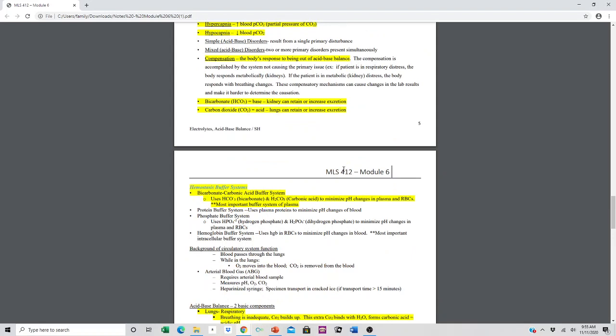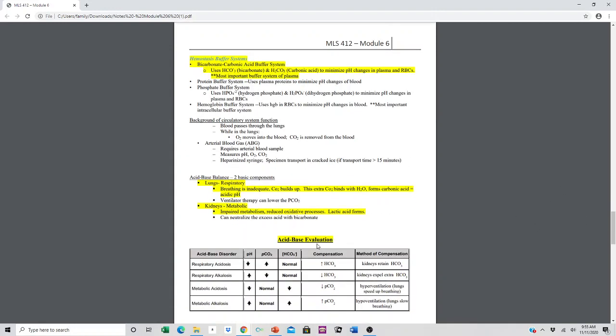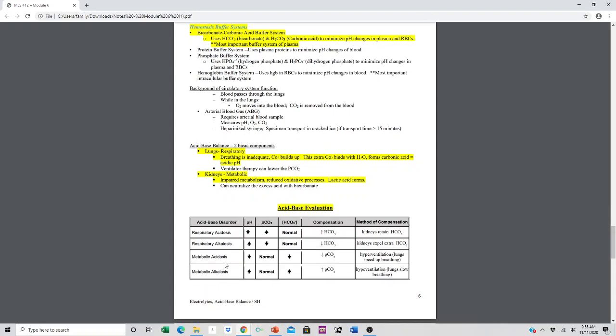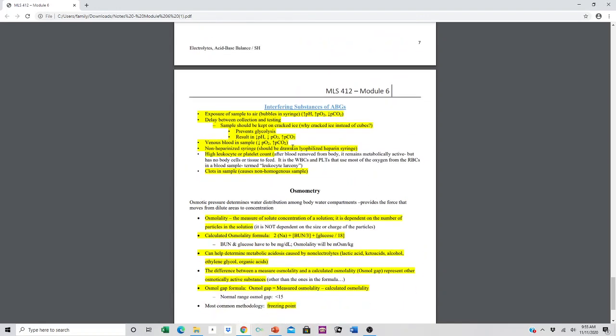Oh, down here, because it wasn't highlighted, and I was only looking at the highlighted things. So remember, when we're talking about arterial blood gases, they're drawing it from an artery using a heparinized syringe. And if the instrument is not right there bedside, if there's going to be transport, then it needs to go in cracked ice. So when we talk about these interfering substances, remember those requirements.